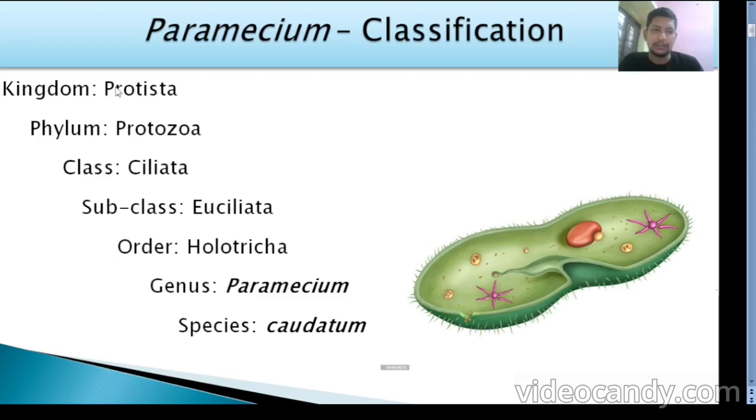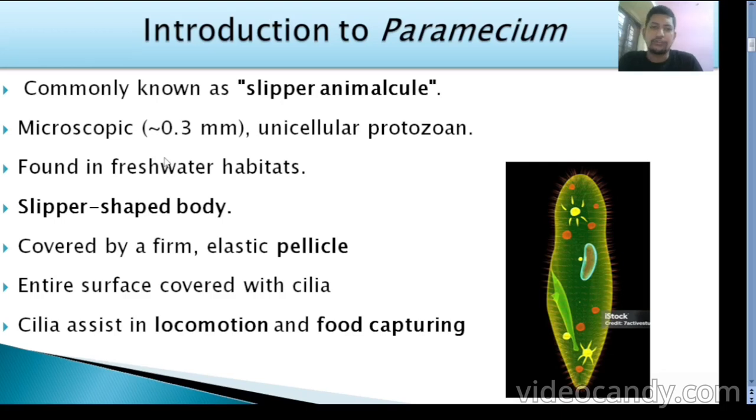Now we are going to study the introduction of the paramecium. It is commonly called a slipper animalcule because the body is almost slipper shaped. It resembles the slipper of the females, so it is commonly called slipper animalcule, and it is a microscopic unicellular protozoan.